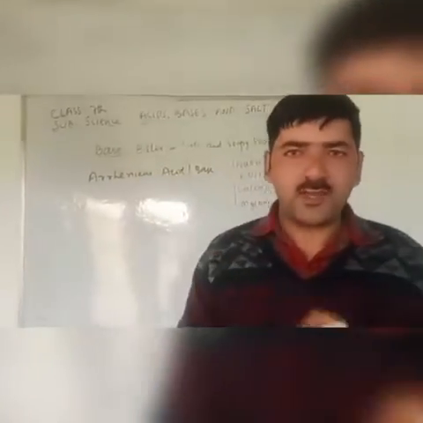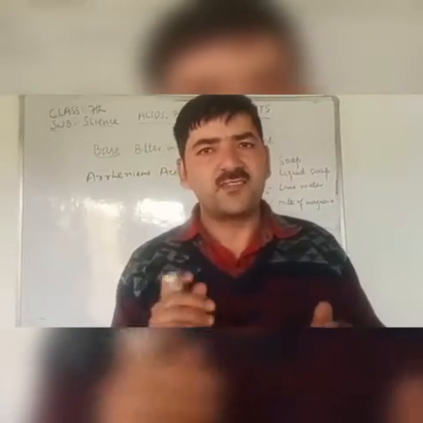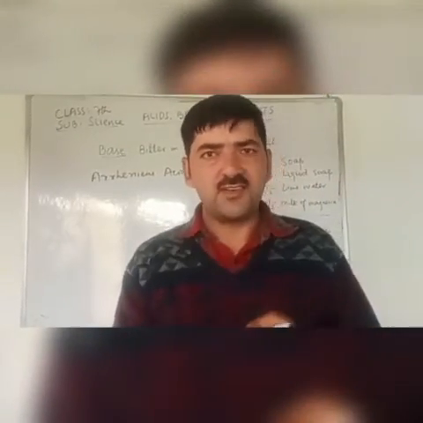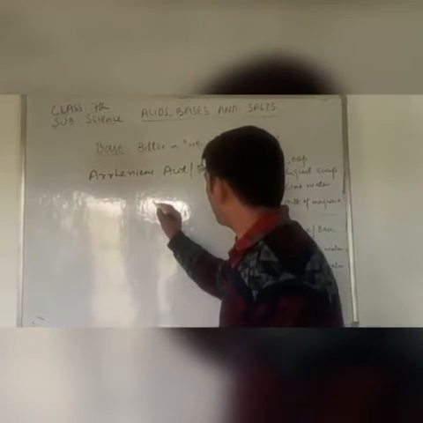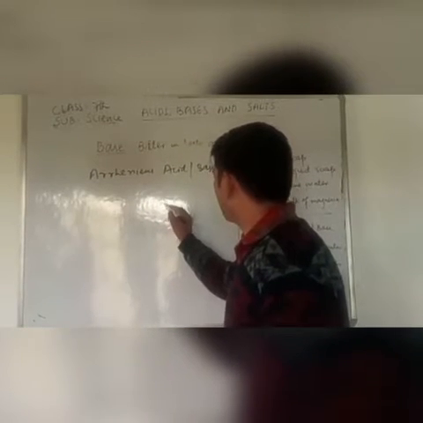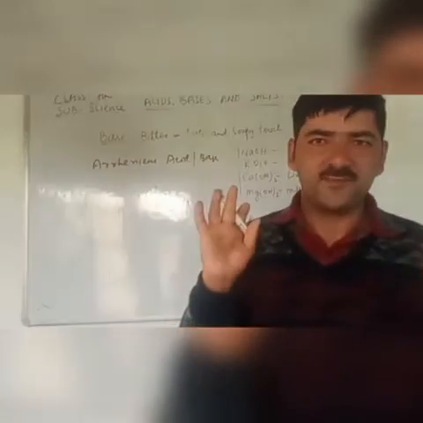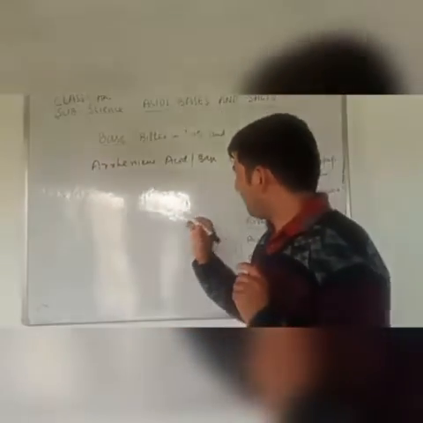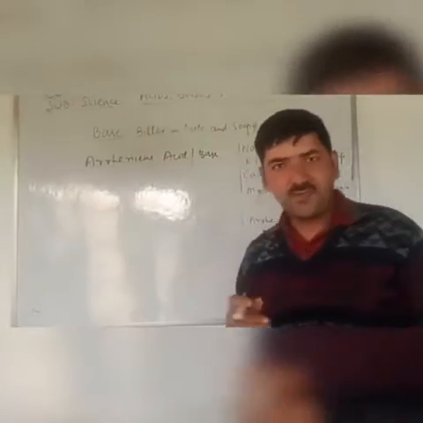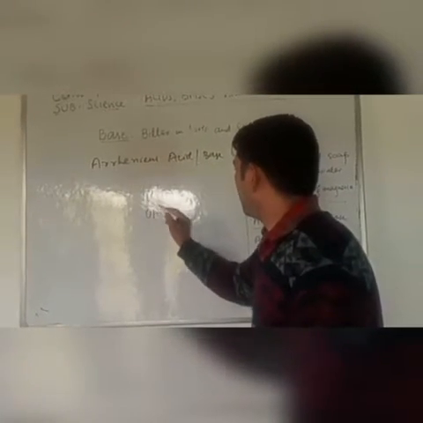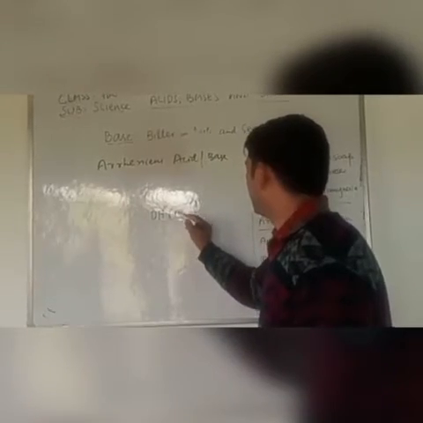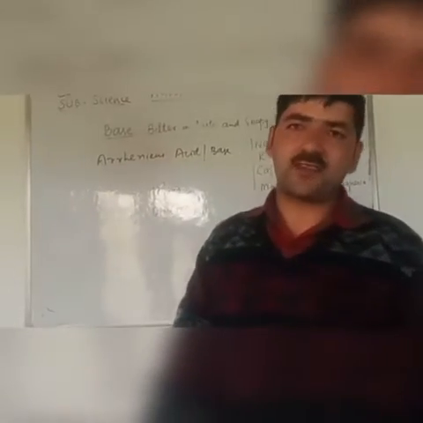Any substance which, when dissolved in water, produces H positive ion, that is acid. And if a substance when dissolved in water produces hydroxide ion, OH negative ion, that particular substance is base.